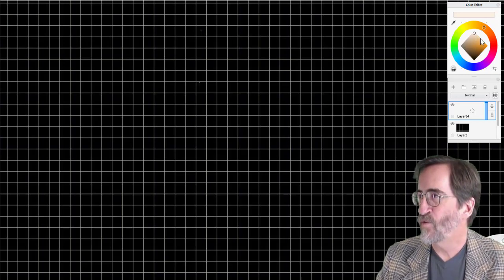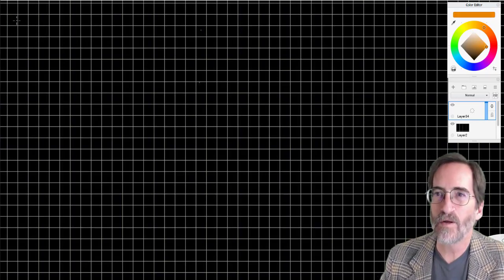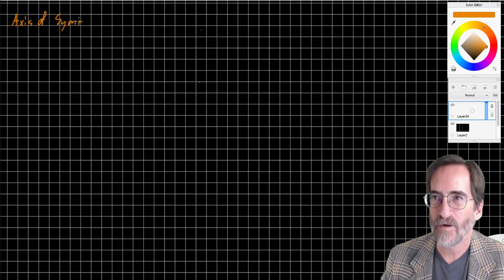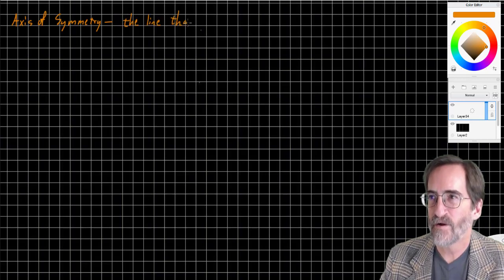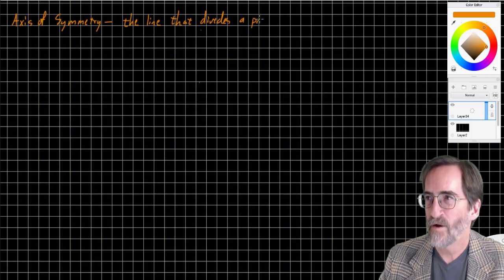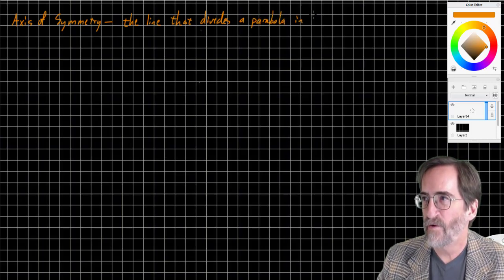So make sure to write every word, every definition, and sketch every example. Axis of symmetry. The axis of symmetry is the line that divides a parabola in half.